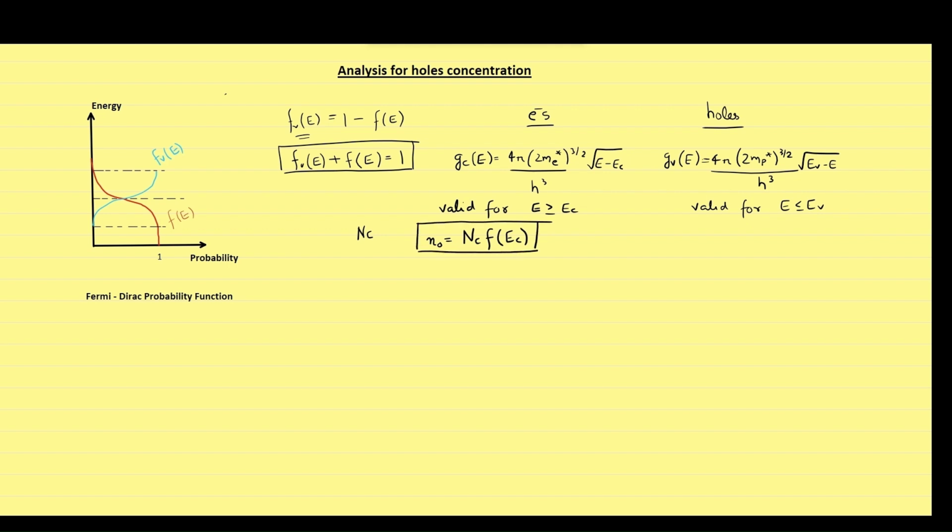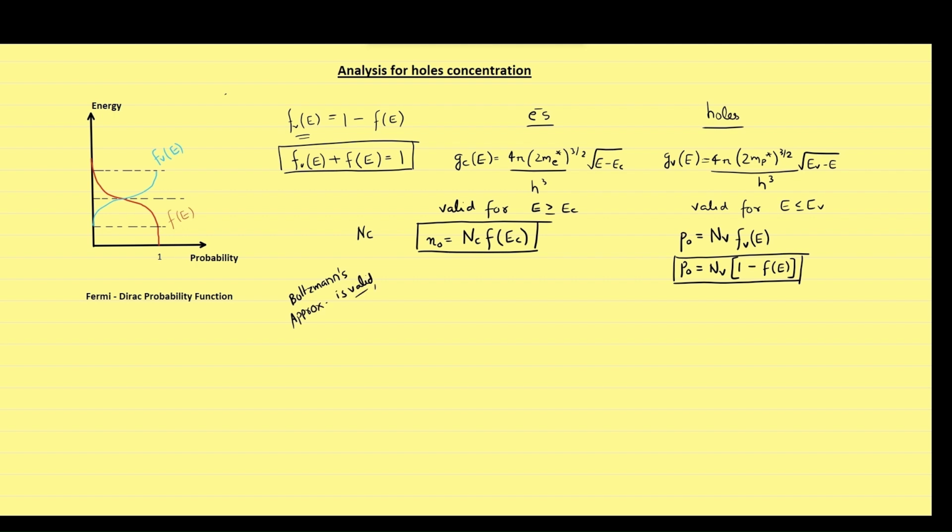Similarly, we have the hole concentration of the entire valence band to be equal to effective density of states in the valence band multiplied by Fv, and here E has to be replaced by EV. However, in terms of the Fermi-Dirac function, we can also write hole concentration p naught to be equal to Nv into 1 minus F.